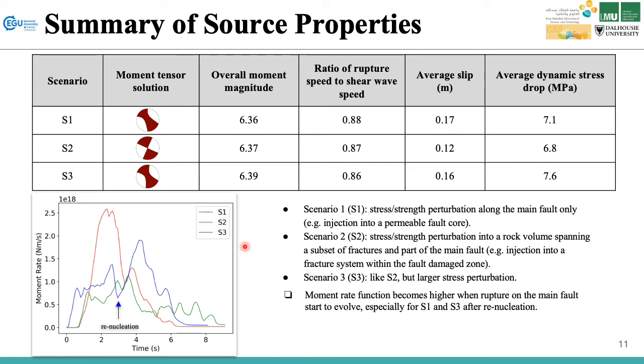High moment rate occurs when the main fault starts to rupture, like in scenario number 1 and scenario number 3. Interestingly, in scenario number 3, the moment rate decays at t equal to 2.4 seconds. The renucleation on the main fault generates a high moment rate function, but not as high as in scenario number 1, and then it dies out.